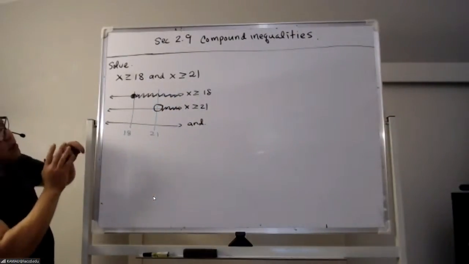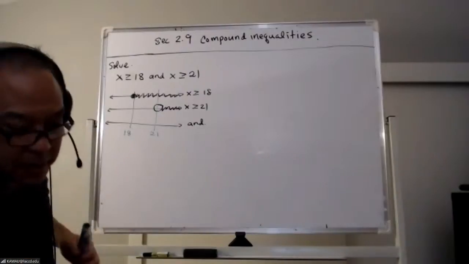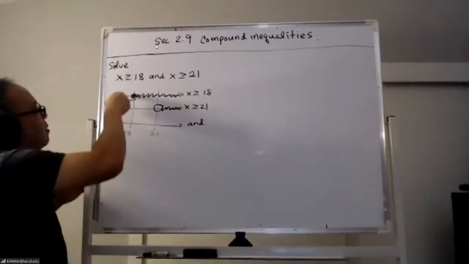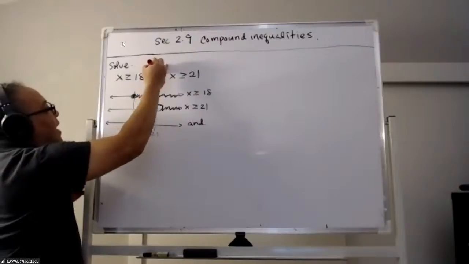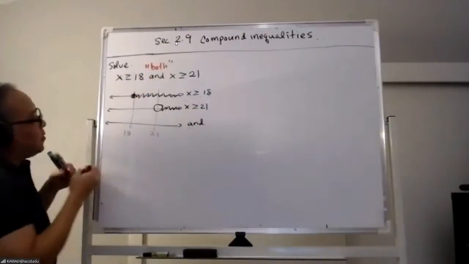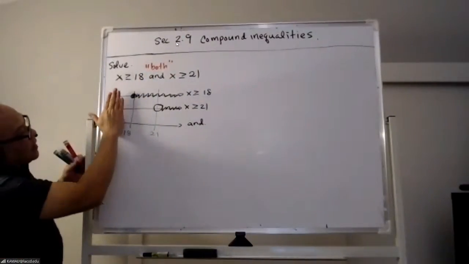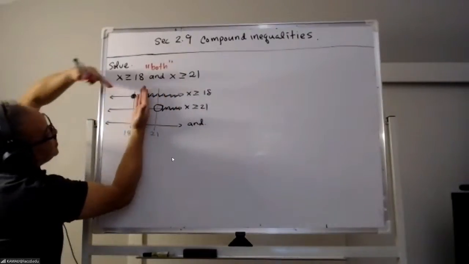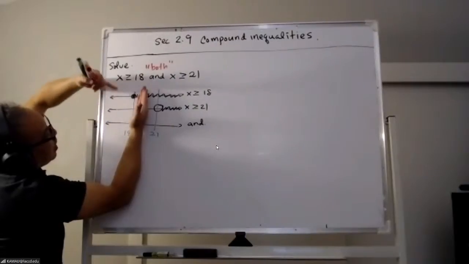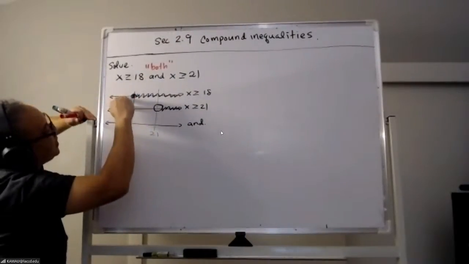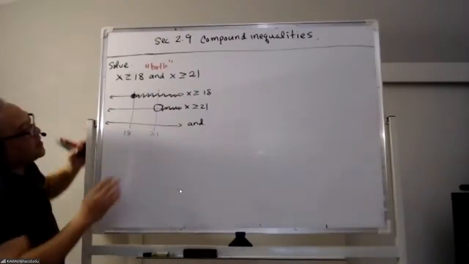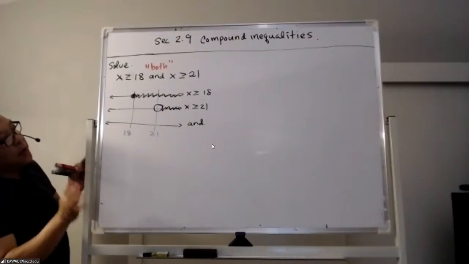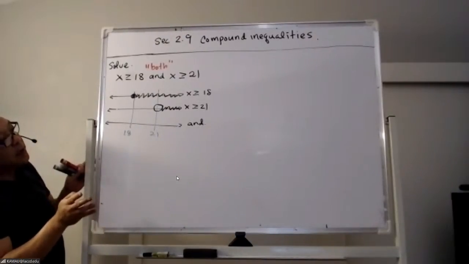Now we're going to ask ourselves, well, let me remind you guys, and means both. There are basically three intervals that we're going to look at. So on this left interval, I'm going to ask you, are both of these shaded in? And the answer is no, they're not both shaded in.